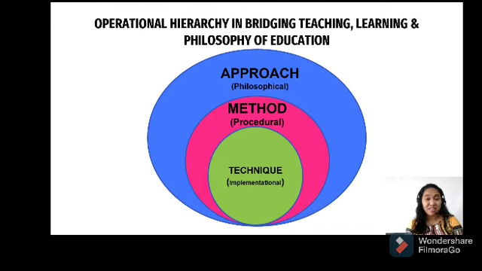There are different procedures on how we teach our students. We can teach them by group class. We can also teach them by individual class. Now it also talks about the technique, which is implementational. So we base our teaching on the approach and on the method, and we implement through the techniques or strategies.